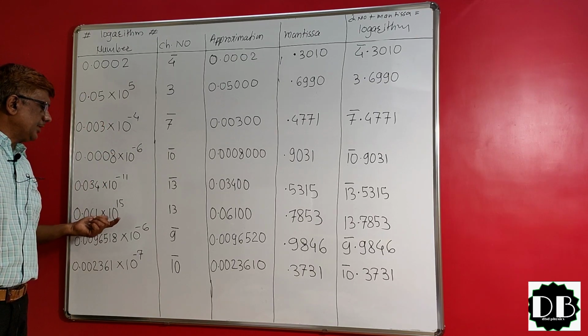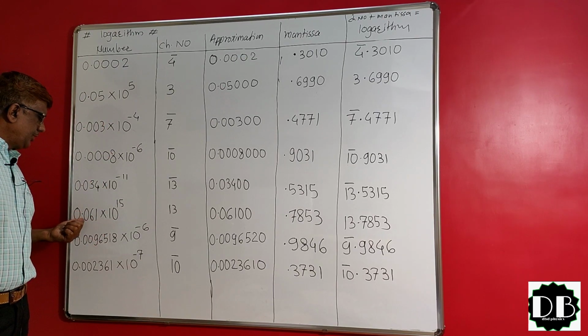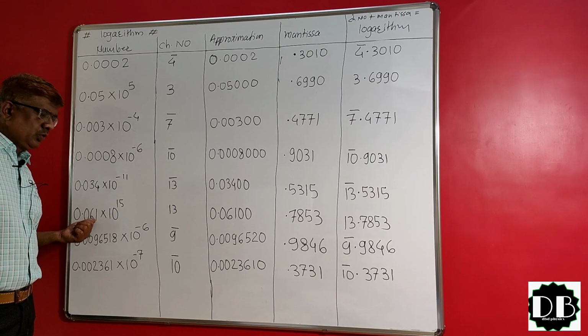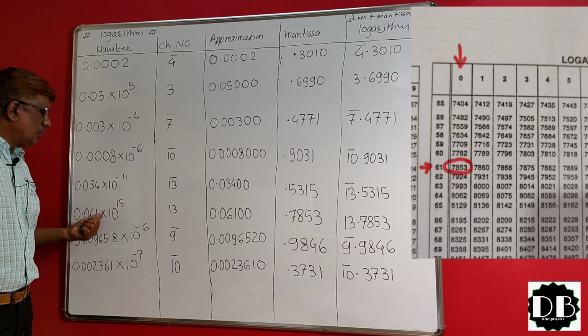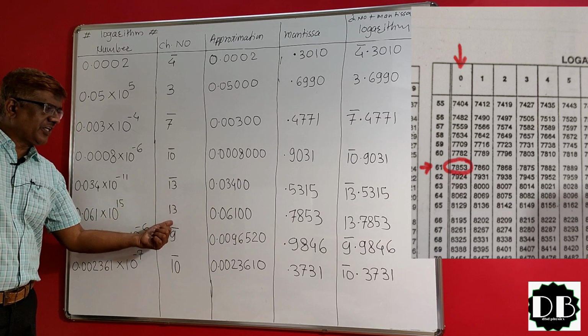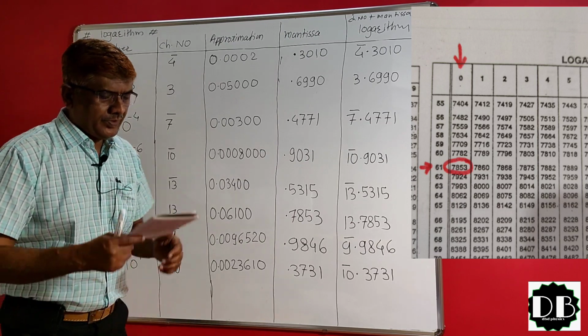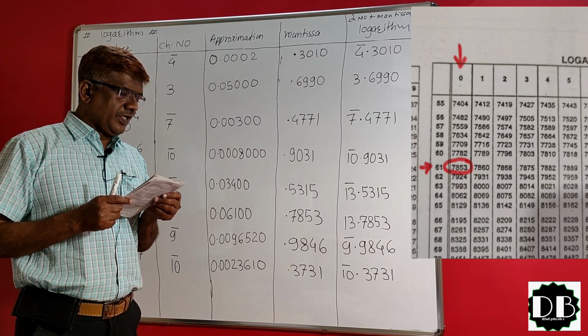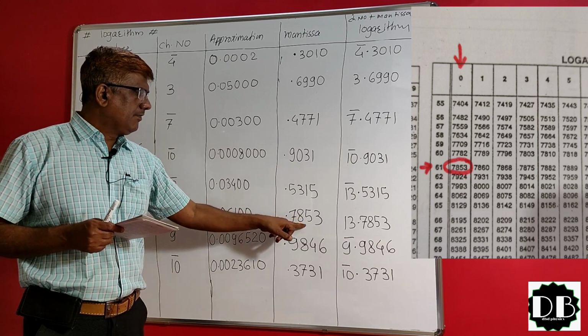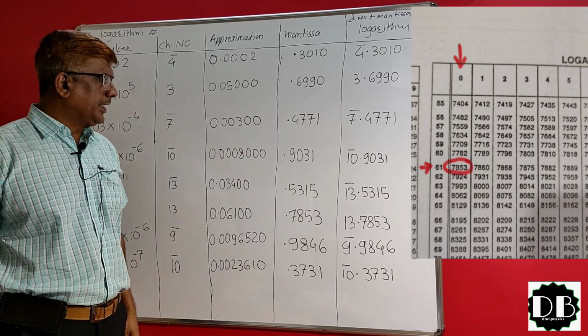After that, 61 into 10 raised to 15. For 61 the character number is bar 2 plus 15, plus 13. For 61 we have to bring out the mantissa, 7853. 13 into 7853.